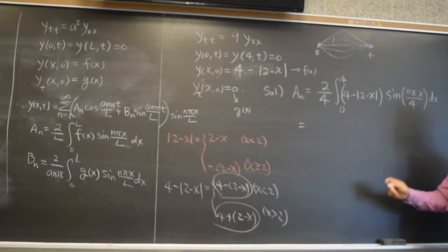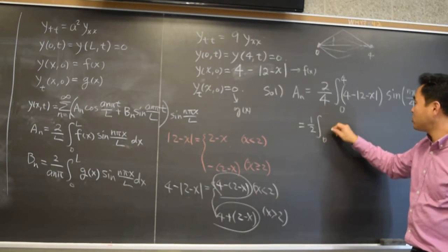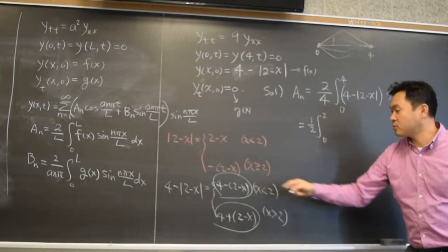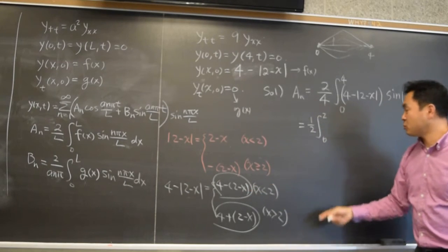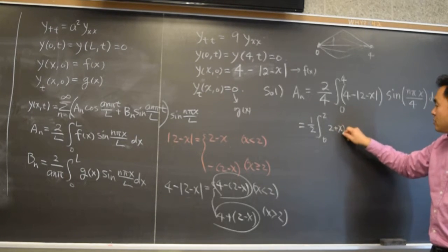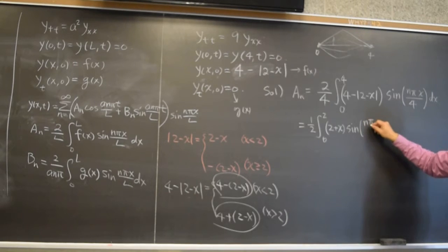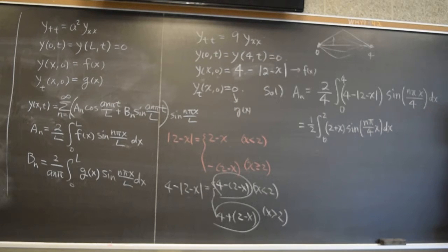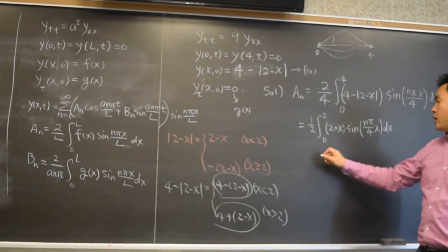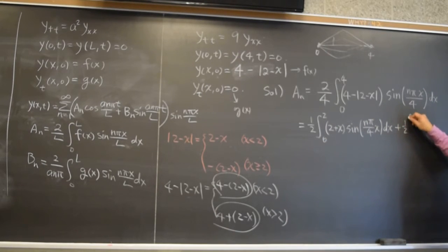Okay. So integrate 1/2. First one is 0 to 2. This one, from 0 to 2, we follow this one, which is 4 minus 2 is 2, so it's 2 plus x times sine of n pi over 4 x dx. And then plus 1/2 integral from 2 to 4.